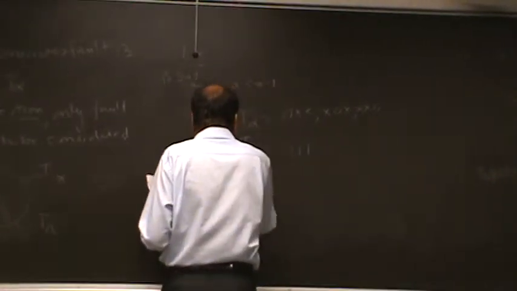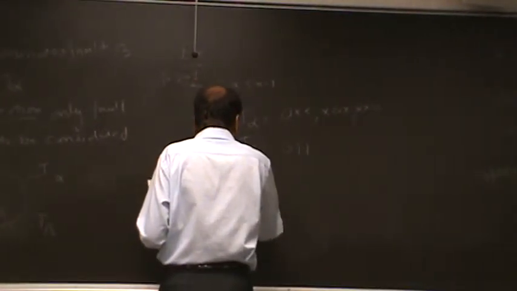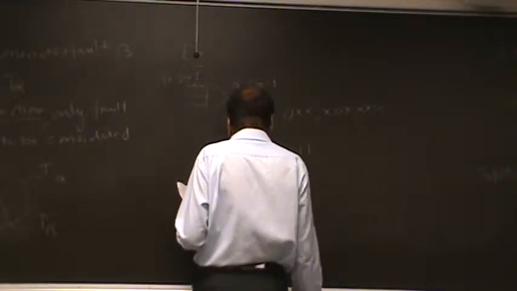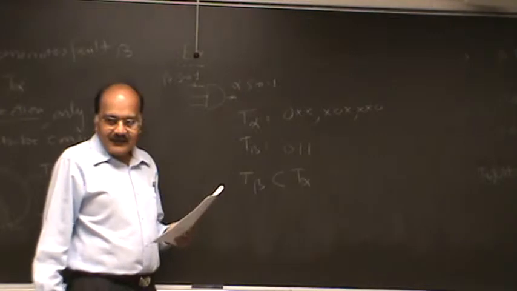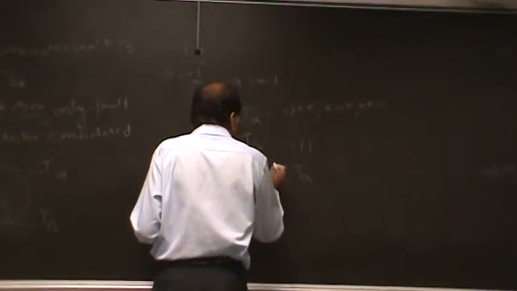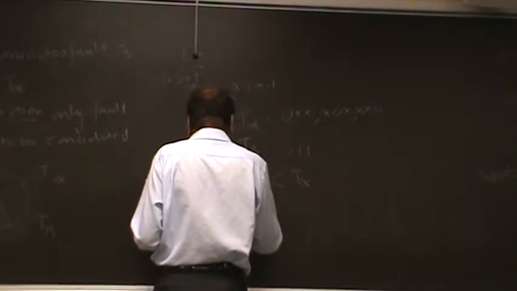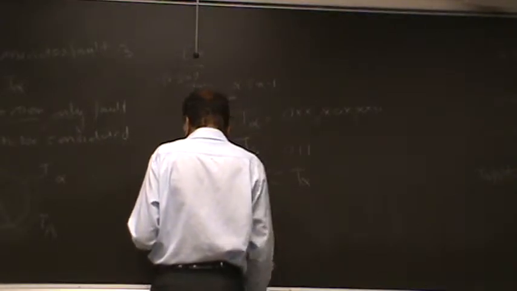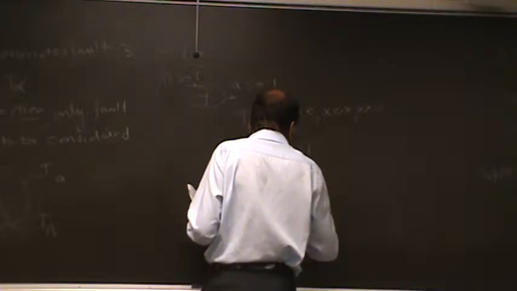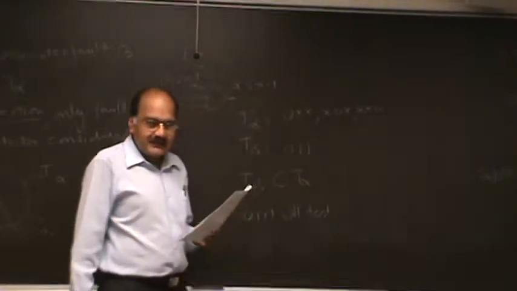So we can say that tests for beta are a subset of tests for alpha, and hence pick one of them. For example, 0, 1, 1. Oh, I'm sorry. I take that back.